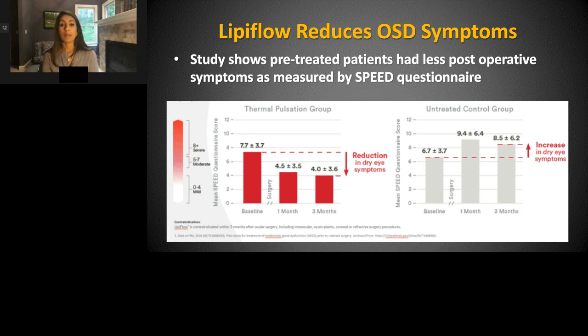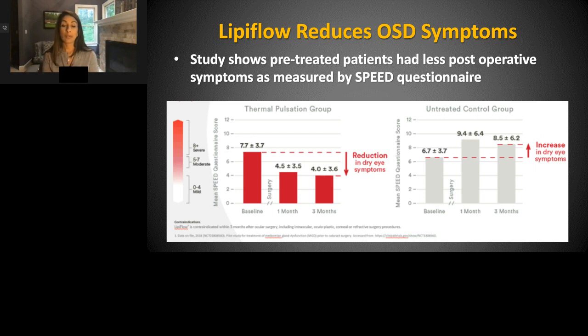So on the right side, that's the control group, you'll see that both the thermal pulsation group and the control group had similar baseline symptom severity. But what you can see in the control group on the right is that at 1 month and then out to 3 months, patients continued to have increased symptoms on average by the SPEED questionnaire.